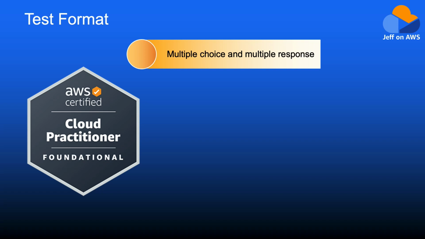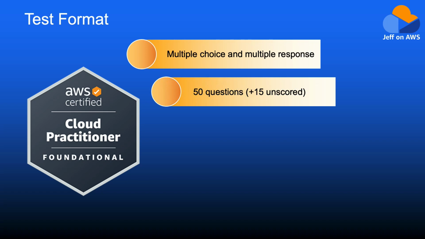But the good news is there is no hands-on testing for this. You don't need to understand the AWS portal. It's all going to be either single, multiple choice answers or multiple answers, but still all given in multiple choice format.